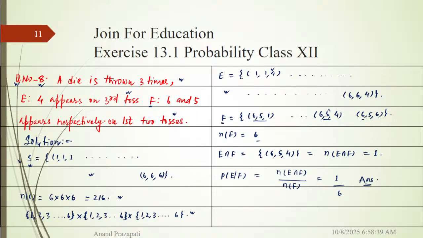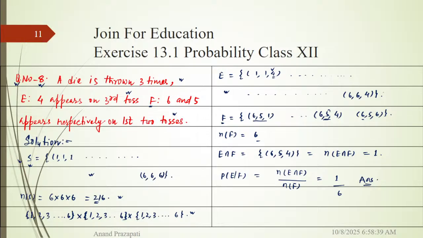So the number of sample points in the sample space will be 216. Event E says that 4 appears on the third toss, so we pick out all sample points of the sample space in which we have 4 on the third toss.